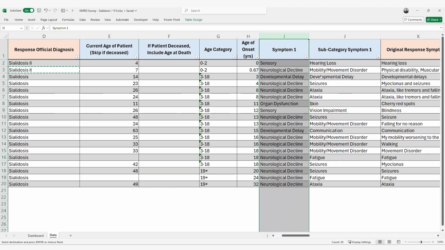Ataxia, seizures, mobility and movement disorders all fall into these neurological areas. In actual fact, as a patient, I've been able to go backwards and forward and improve my gait and get worse and improve and get worse.